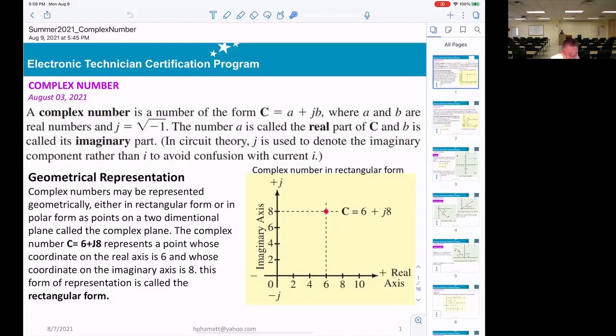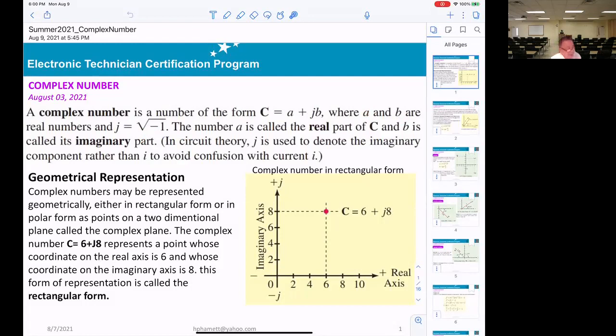B, J equals the square root of -1. So now you understand that you never get the square root of a negative number. However, the definition for J in a complex number is the square root of -1.